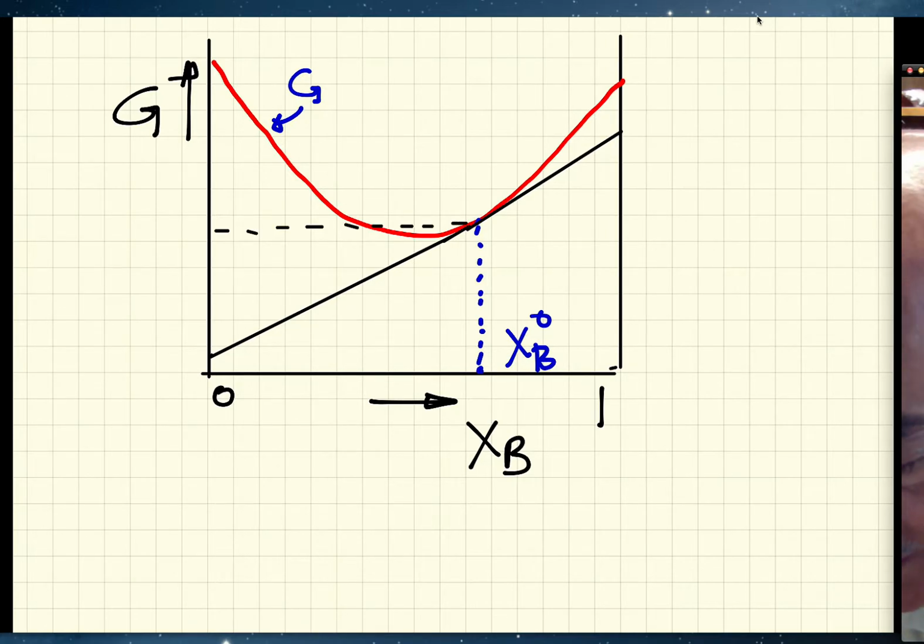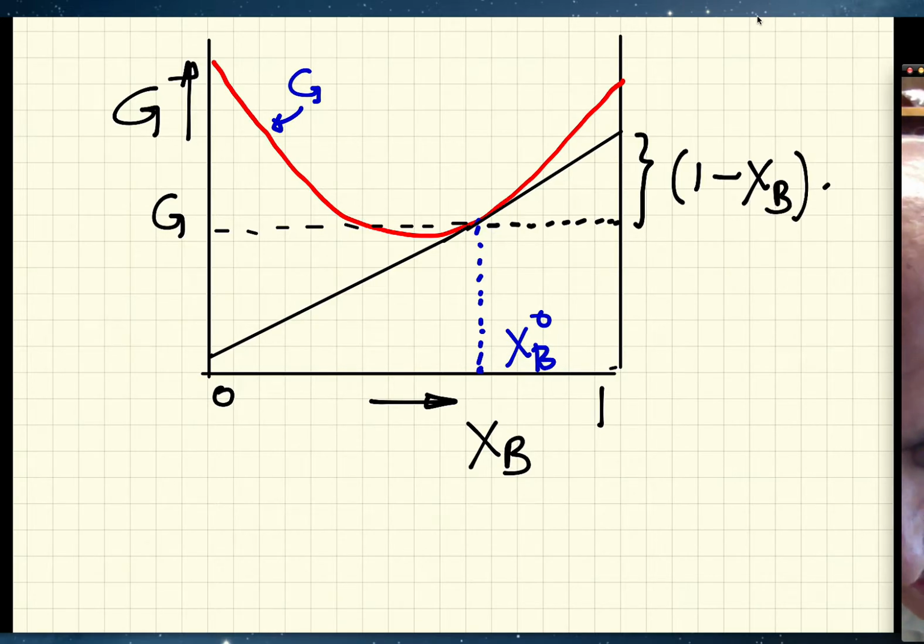This value is the value of G, and then if you go to this side, this amount is equal to 1 minus x sub b times the slope, and the slope is dG by dx sub b, evaluated at x sub b 0.